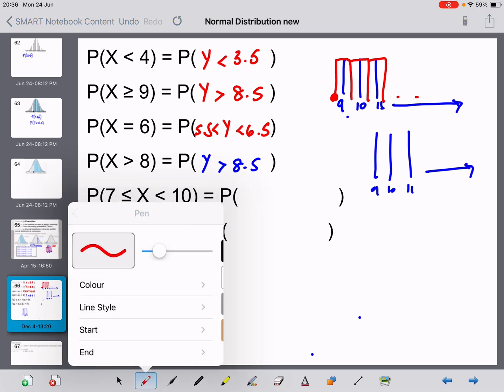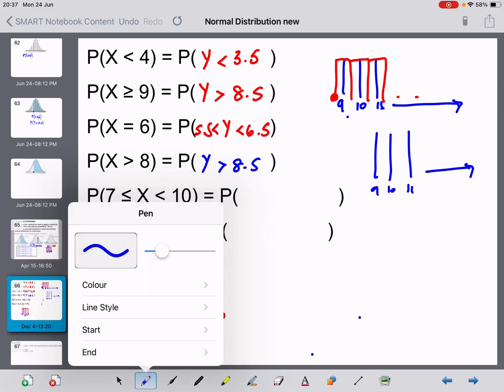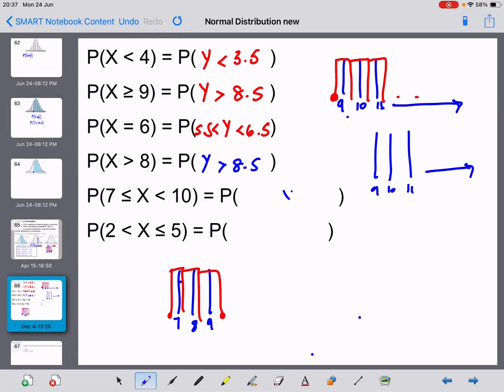If those sticks get fat, like that, then that's going to be our cut-off point, and that's going to be our cut-off point. So it's going to go y will be greater than 6.5, which is here, up to 9.5.